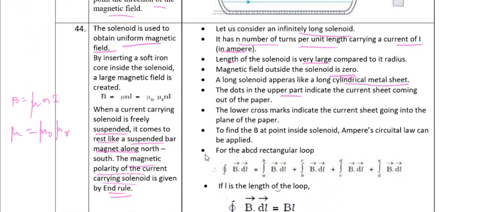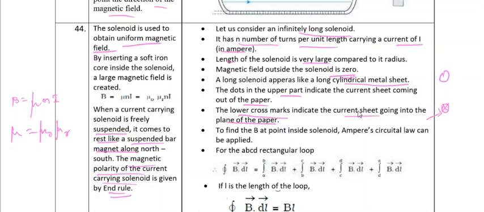The dots in the upper part indicate the current sheet coming out of the paper, and the lower cross marks, not dots, indicate the current sheet going into the plane of the paper. So when I put a dot, it means it is coming out of the paper. When I put a cross, it is going inside the paper.